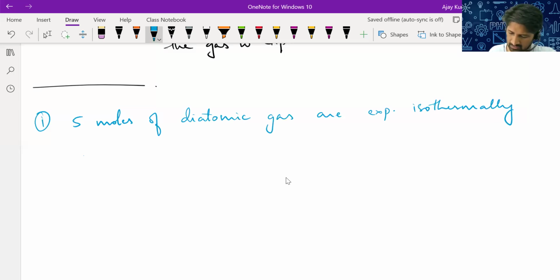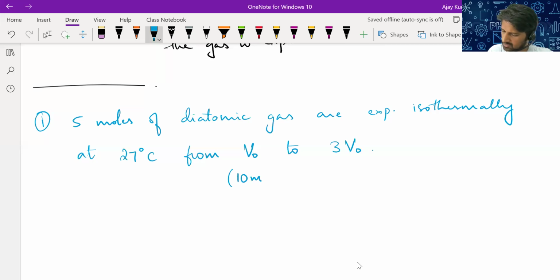Expanded isothermally at what temperature? Let's say 27 degrees C from an initial volume, let's say V naught, to a final volume of 3 V naught. Okay. Let me give you the volume also. Let's say initial volume is some 10 meter cube.